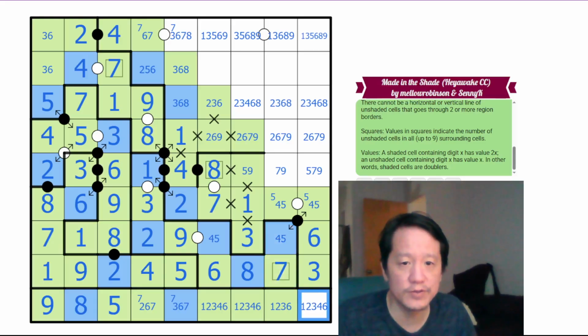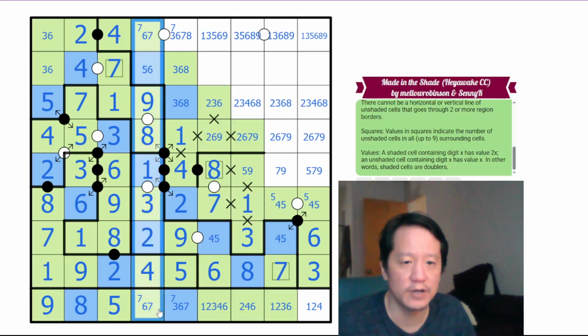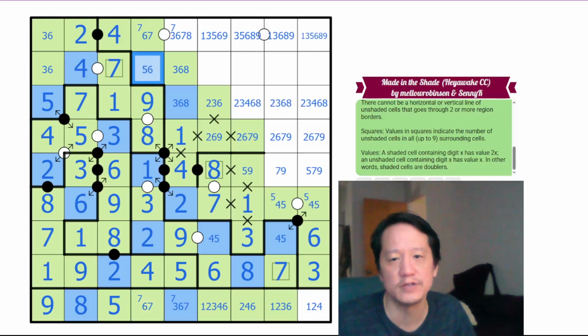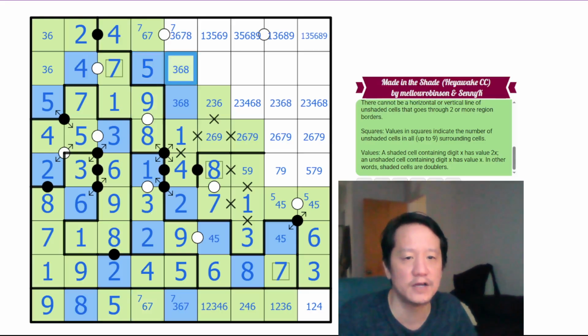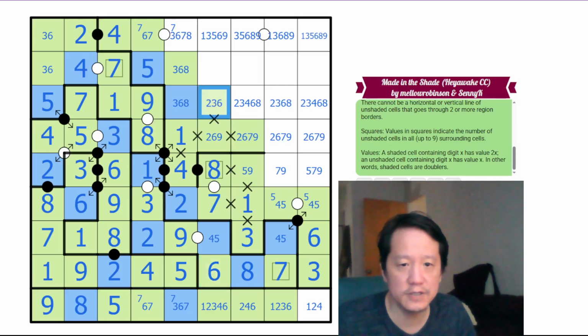That means this can't be 3 or 6. No 3 here or 1. This can't be 2 because of 2 in the column. We have a 6, 7 pair in column 4, which eliminates 6, 7 in the rest of the column. So this is 5. 6 eliminates 6 here, and 6 here.